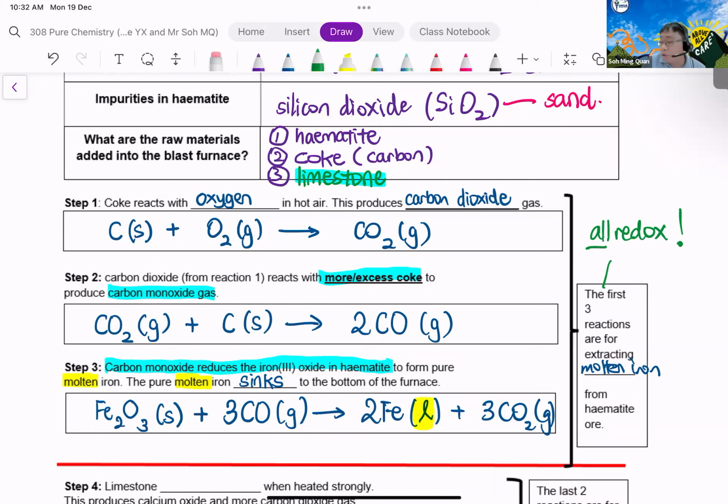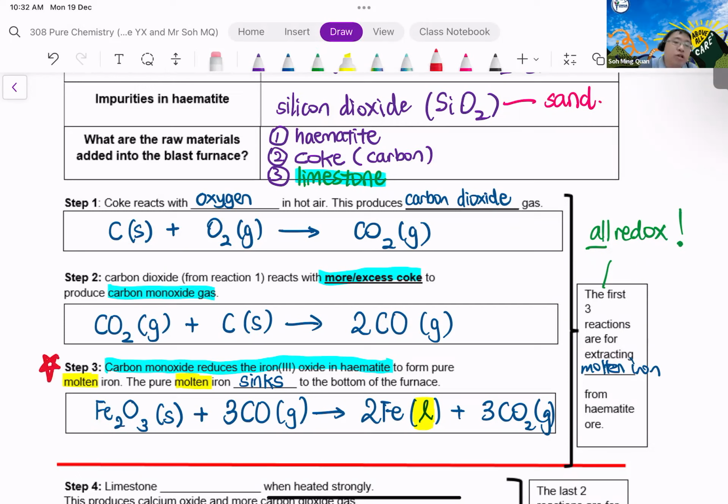Okay, so steps 1, 2, and 3, they are all redox reactions, which means that you may be asked to explain what is reduced, what is oxidized. You may be asked to work out what is the reducing agent, what is the oxidizing agent. And that is what we are going to do for step 3.